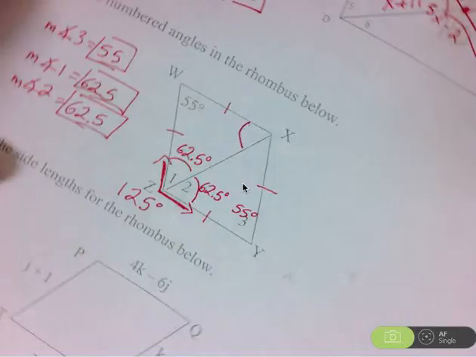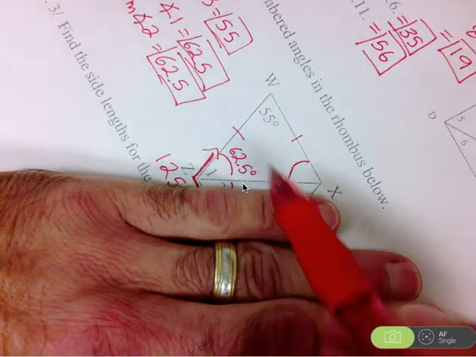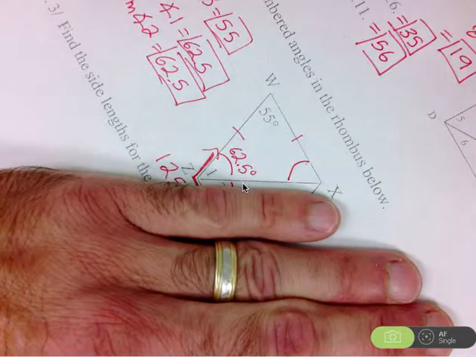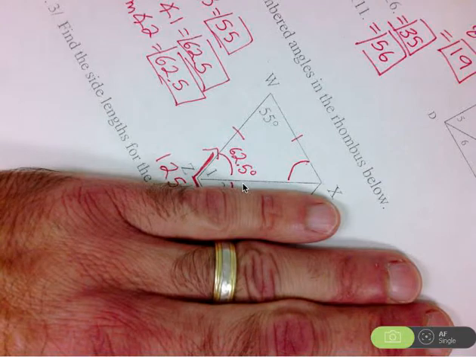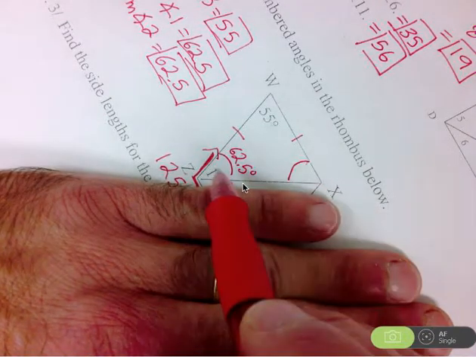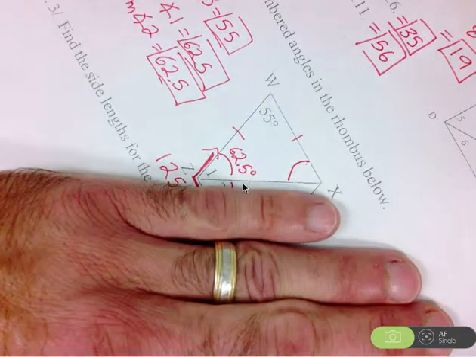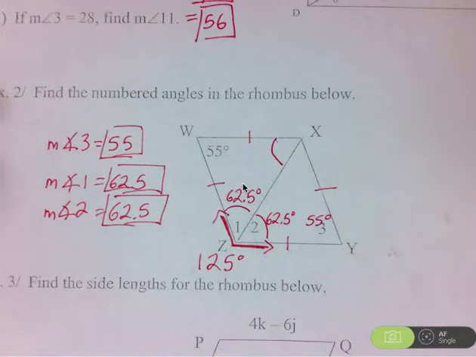I suppose I could turn it on its side. There we go. So if this is the 55 at the vertex angle, if I take 180 and subtract the 55, that again gives me 125. So I need to divide that into 2 equal parts. That would give me 62.5 and 62.5. So that's another way to get the 62.5. You can use the isosceles triangle.